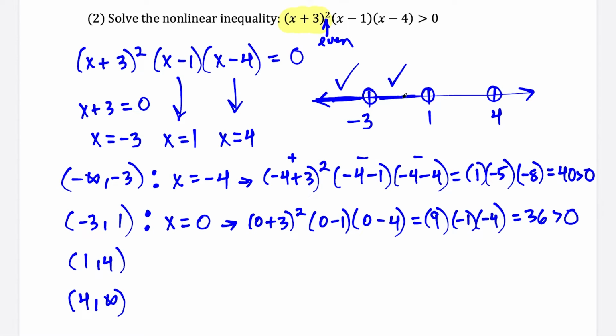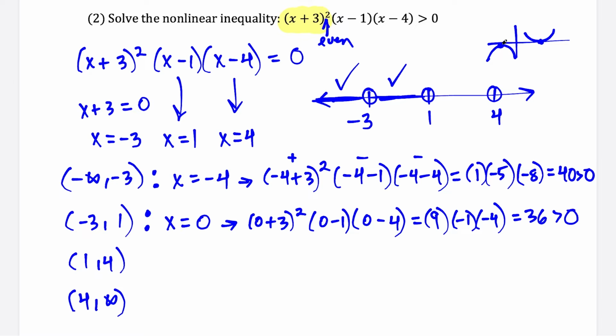So why didn't it alternate? The reason is that our power here is even. So anytime you have an even power attached to your factor, that means there's not going to be a change around this. Graphically, when you have a root that comes from a factor being squared, that's when you have something that is either going to be looking like this, or it could be something that looks like this.